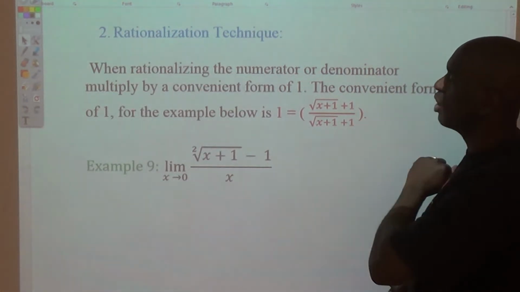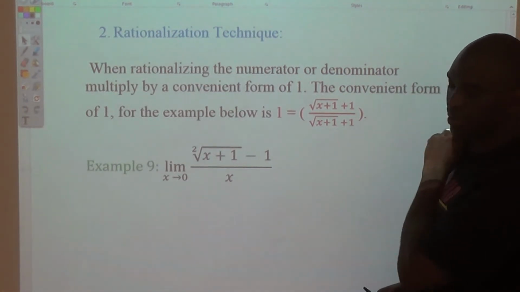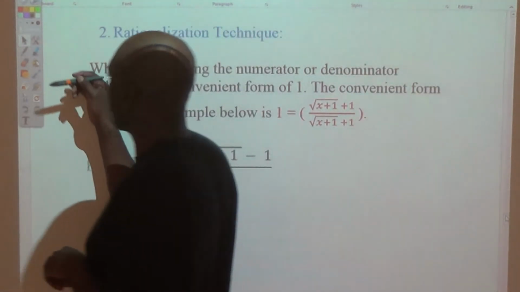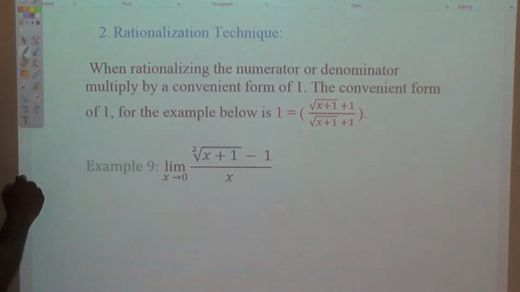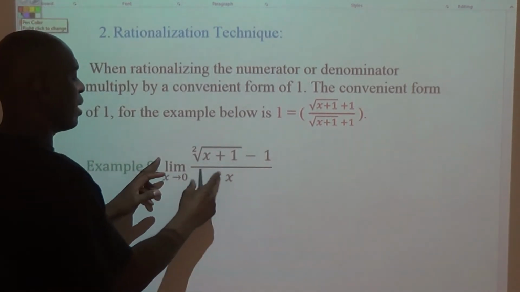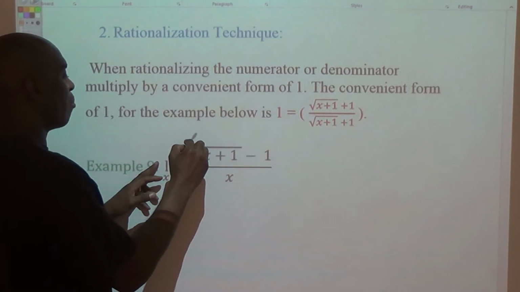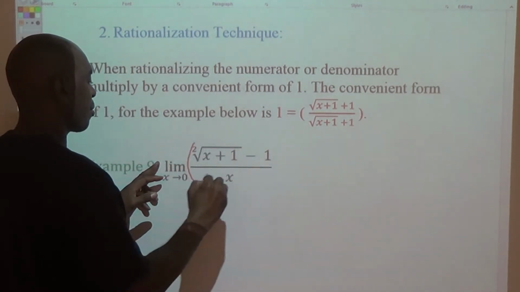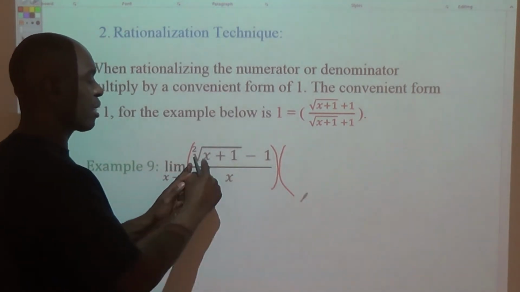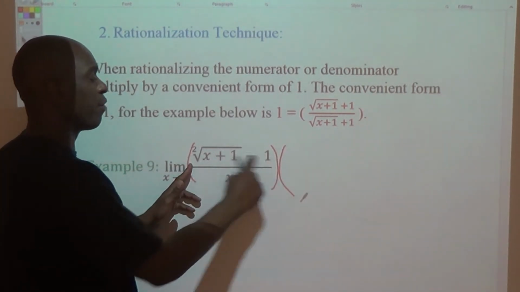You have to do what? Multiply by this. Let's multiply by this. Here we go. And so the first thing we want to do is take our numerator here and multiply it times 1, or the conjugate of the numerator.